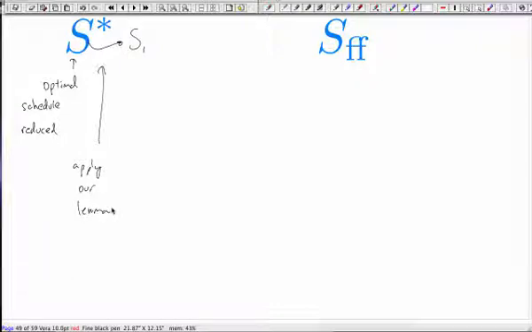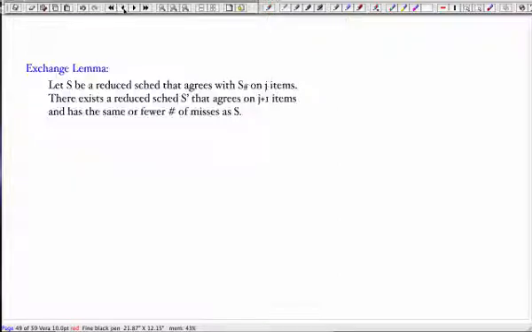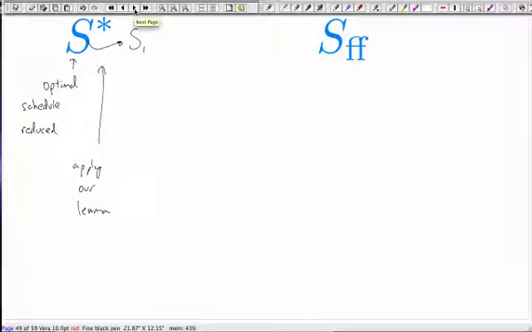Let's apply our lemma. Where did our lemma go? If we apply our lemma once, what does that mean about S1?